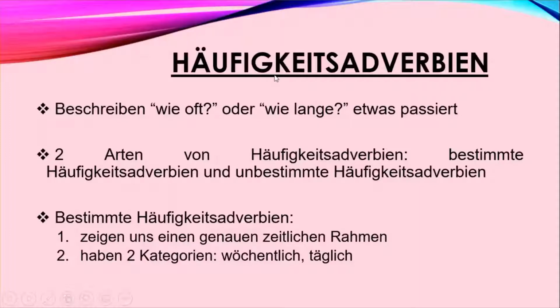So you can note that nouns ending with keit will have die as the article. Die Häufigkeit is frequency. And combining these two nouns with an s gives this compound noun.